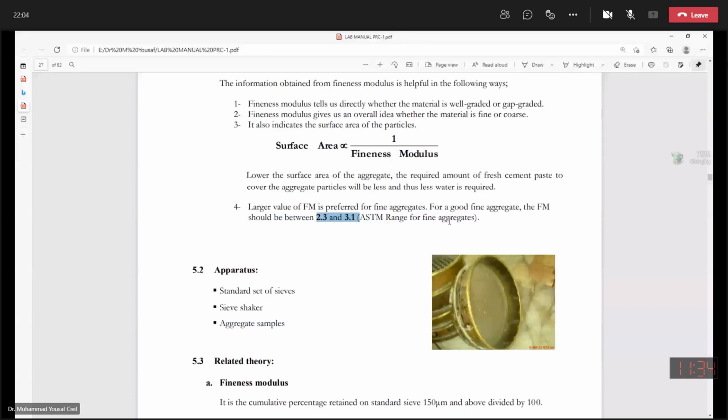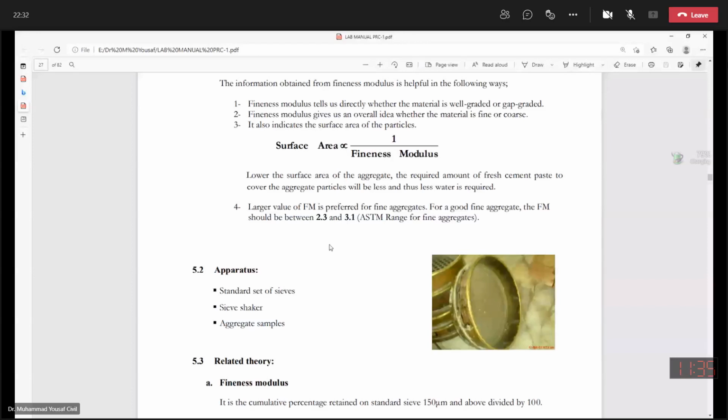At the same time, I should say that if the sand, that is the fine material generally, is coarse, then it will give you more workability. It should be remembered. It will give you more workability as compared to the fine sand.